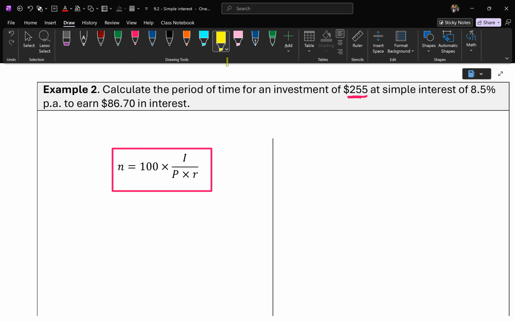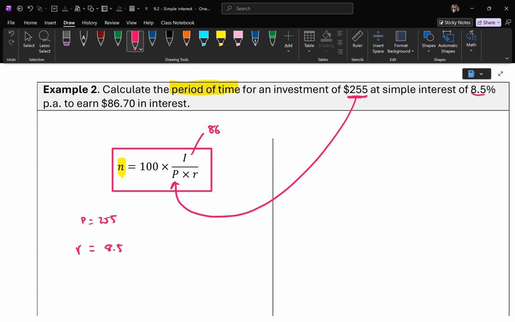Because we're looking for the period of time, you're looking for N. So how long do you invest it for? You invested $255, so P equals 255. Simple interest, so your rate is equal to 8.5. And I, which is the interest you gained, is 86.7.